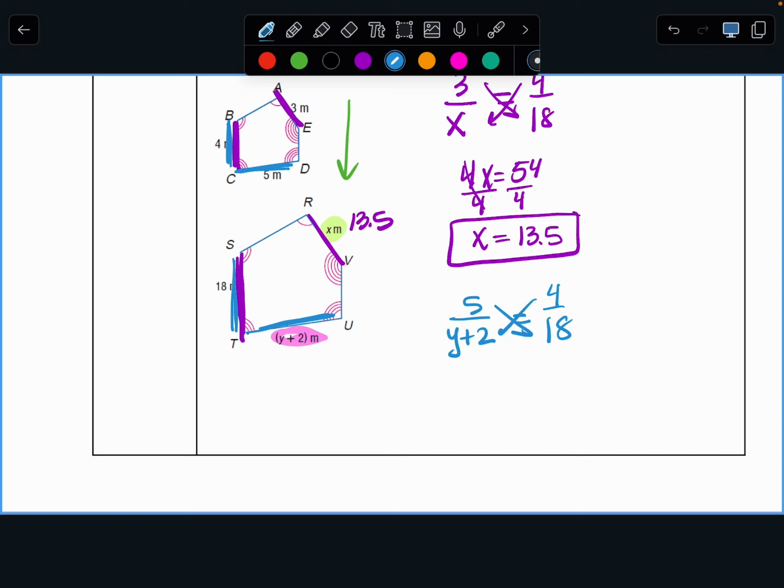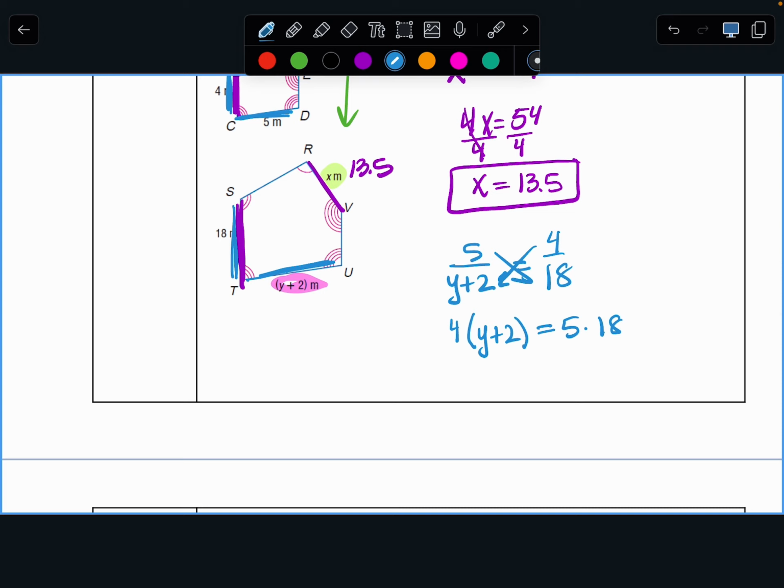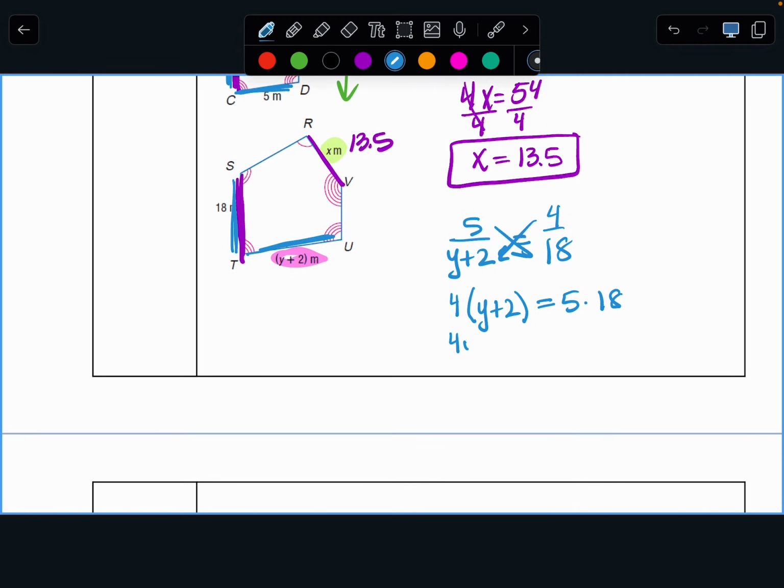So we cross multiply. Now pay attention to how you cross multiply with more than one term. 4 times y plus 2 equals 5 times 18. So then we have to distribute. 4y plus 8 equals 90.